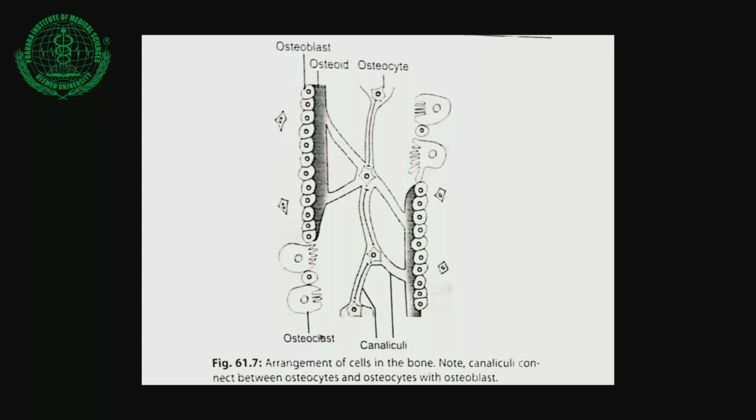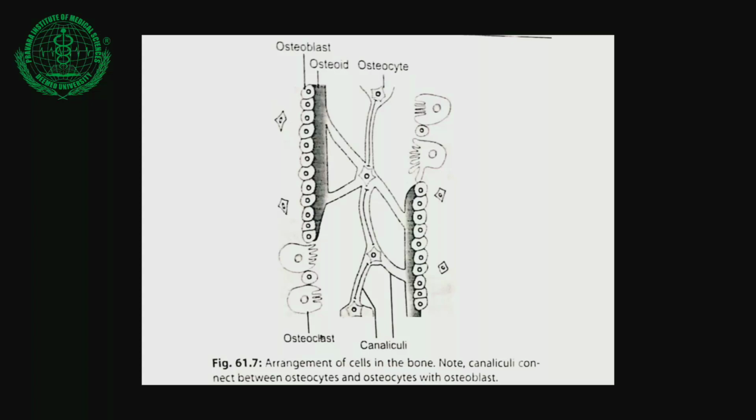There are three types of cells involved, which are shown in the diagram here: osteoblasts, osteoid cells, and osteocytes. The diagram will illustrate the osteoblast, second osteoid, third one osteocyte.